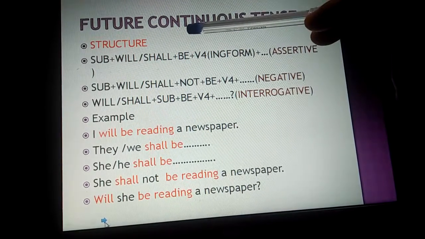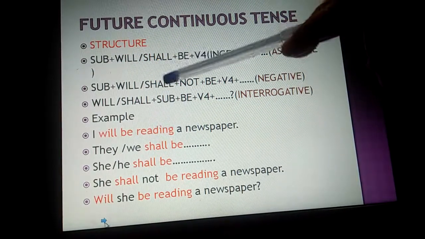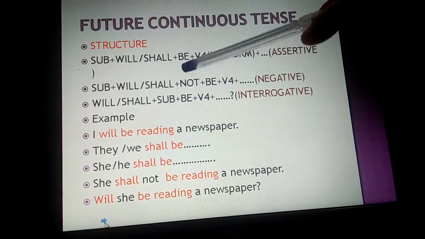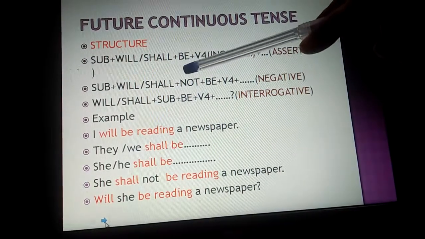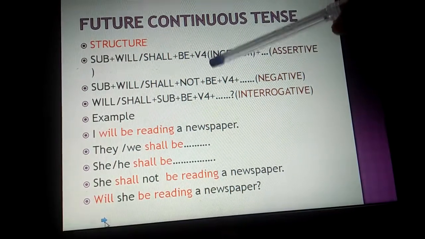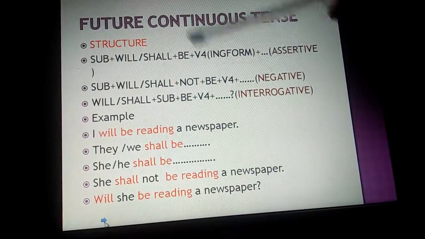In simple future tense the structure is subject, will or shall, plus V1 form. So here, instead of adding any other thing, you will write be, then V4 form, same thing continuous, so you have to write the V4 form.